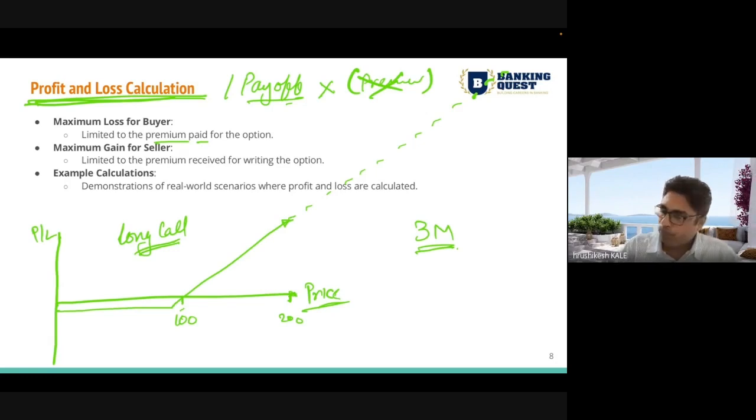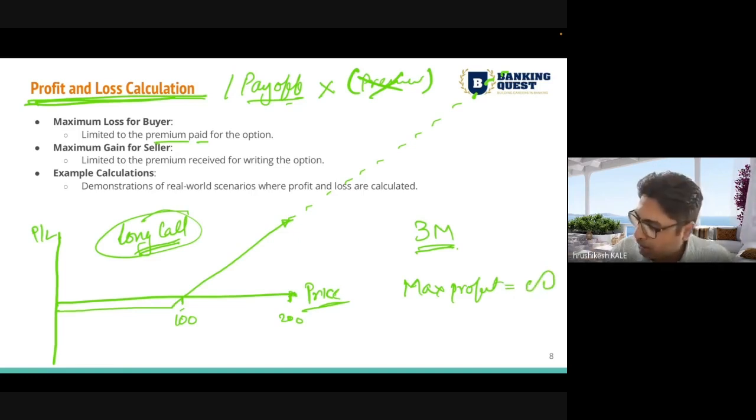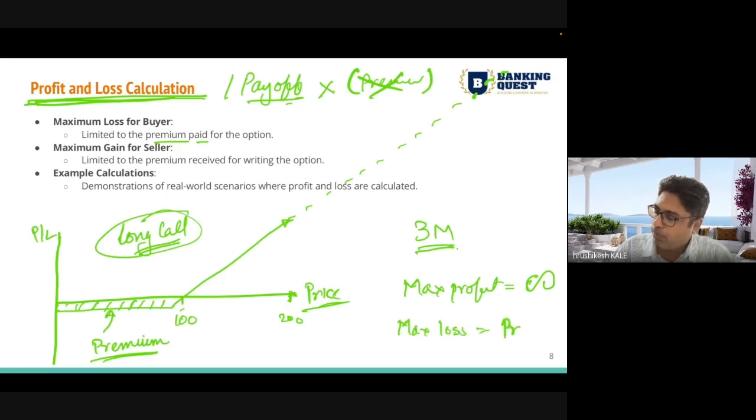So for a long call, maximum profit can be unlimited, infinite. This is the symbol of infinite. But maximum loss will be equal to the premium which you have paid. So max loss is equal to premium paid.